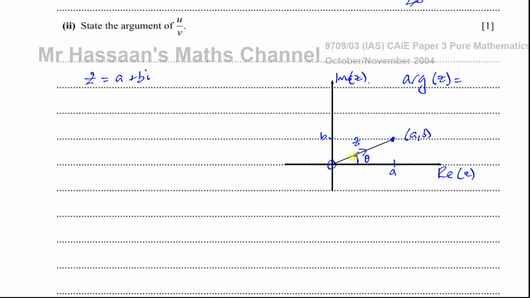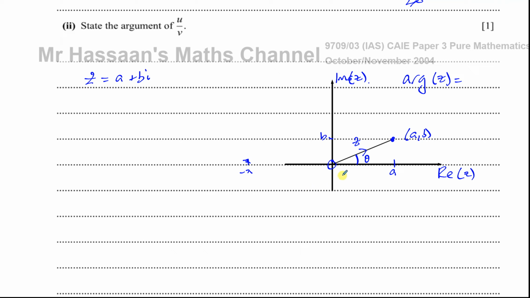This is the argument of a complex number, and the value of the angle should be between minus pi and pi. If it's an anti-clockwise angle, somewhere over here, the argument will always be between 0 and pi. If it's down here, we normally give it between 0 and negative pi.